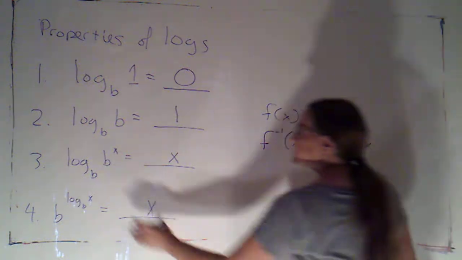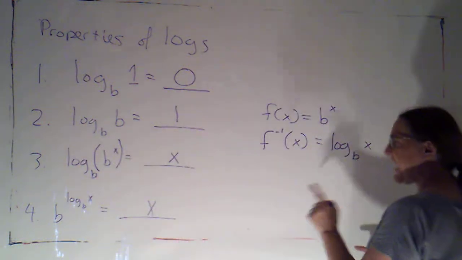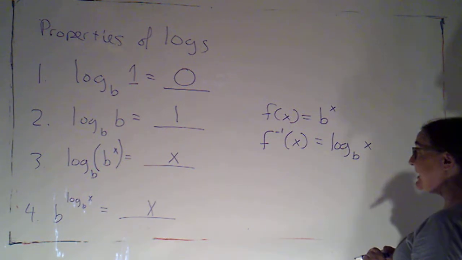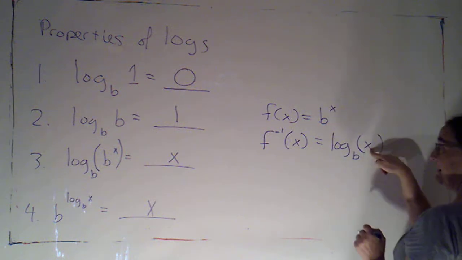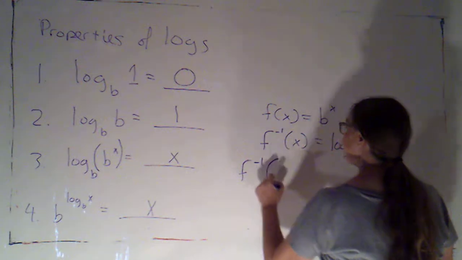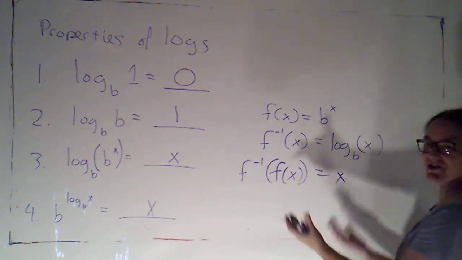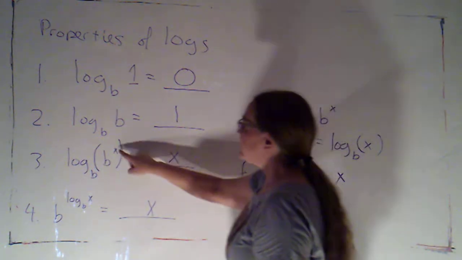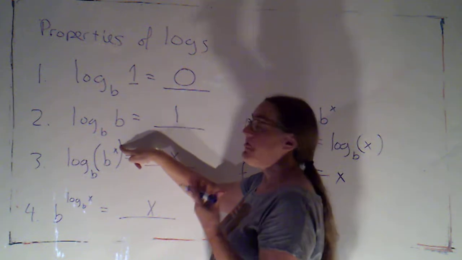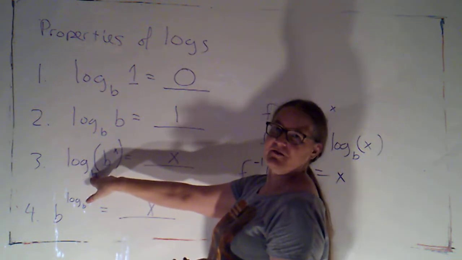So if I look at this, that's taking b to the x, which is f of x, and plugging it into the log function. So that's f inverse of f of x is just x. We took x, we plugged it into the exponential function. Then we undid that by plugging into the log function.